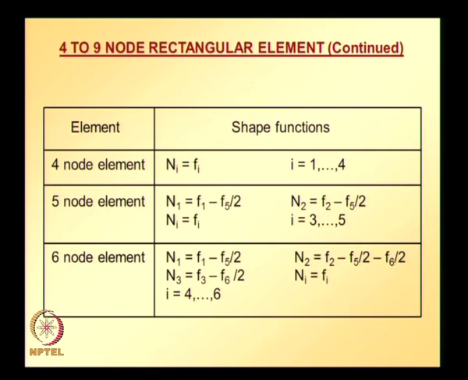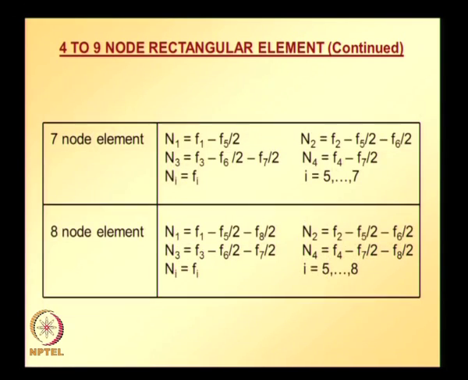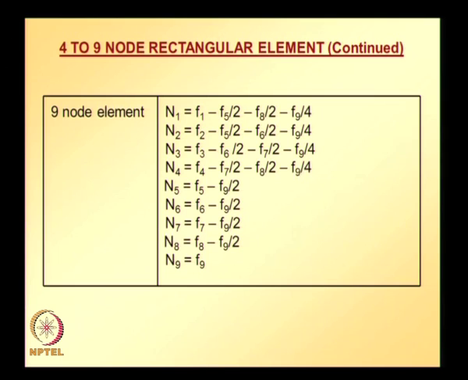Similarly 5 node element, 6 node element. So once we go through this table, we can easily write the explicit expressions for any noded element starting from 4 node to 9 node rectangular element. Similarly 7 node, 8 node element, and 9 node element.